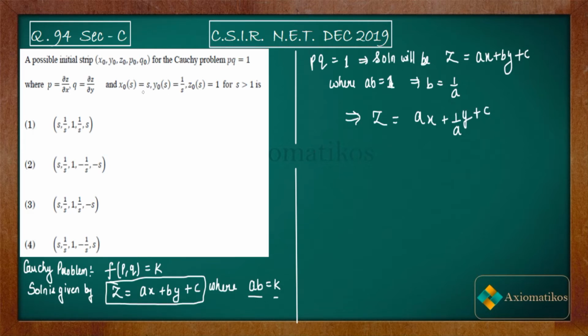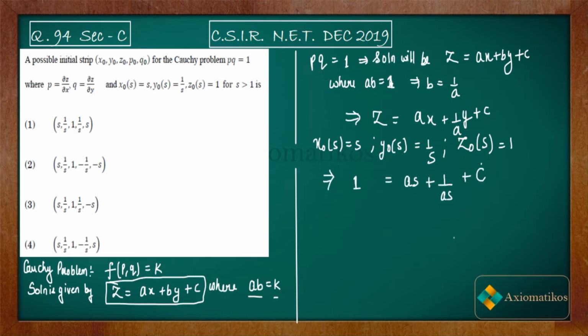Now you are given the initial condition that x naught s is s, y naught s is 1 by s and z naught s is 1. This is your initial condition. So now let us put your initial condition in it, then let us see what will happen. This is what we will get when we apply this initial condition to this star solution.